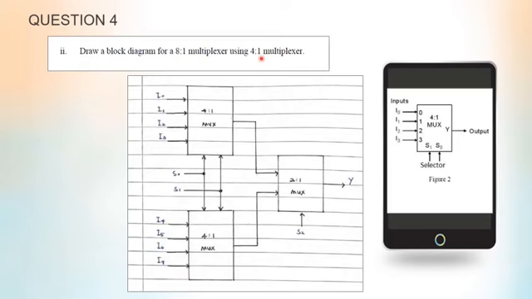And this is the 8 to 1 multiplexer using 4:1 multiplexers. You use 4:1 multiplexers combined with a 2:1 multiplexer to get the 8:1 multiplexer.